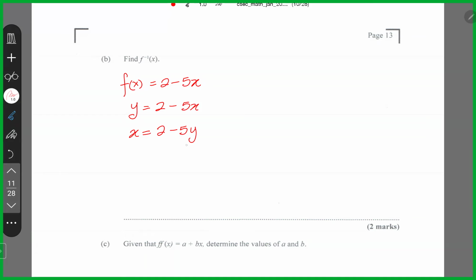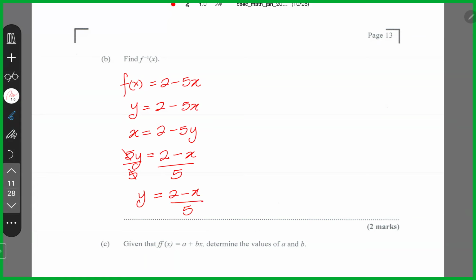Negative 5 on the right goes over to the left and becomes positive 5y is equal to 2. Positive x on the left goes over to the right and becomes negative x. Then we divide both sides by 5, and we get y is 2 minus x over 5.